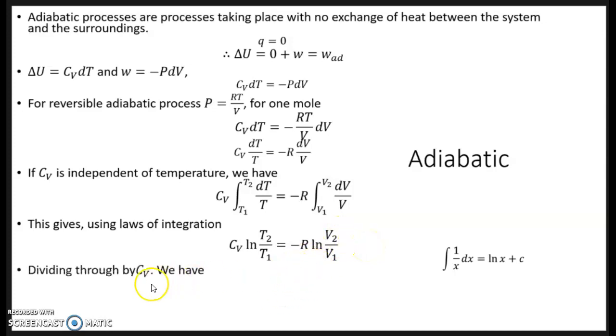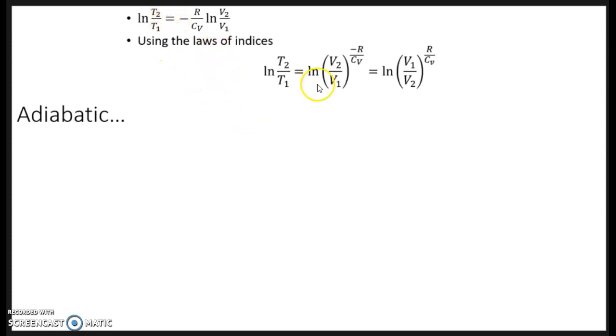Dividing through by Cv, we arrive at ln T2 over T1 equals minus R over Cv ln V2 over V1. Applying the laws of indices, taking out the negative sign, the ratio is exchanged, so we have ln V1 over V2 raised to power R over Cv.